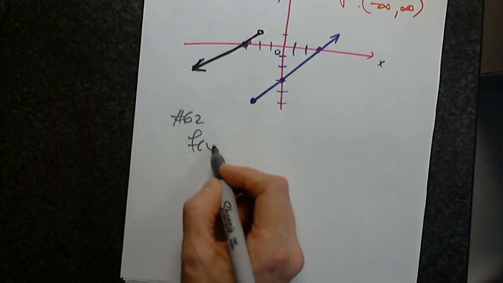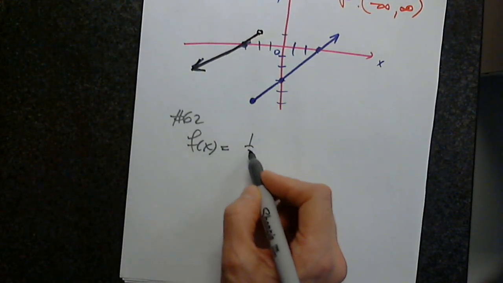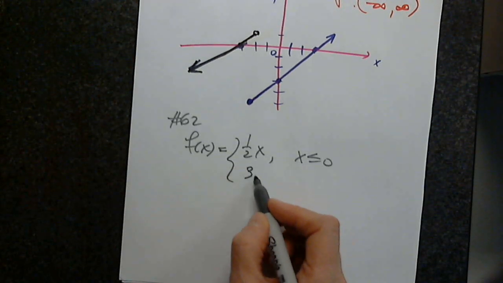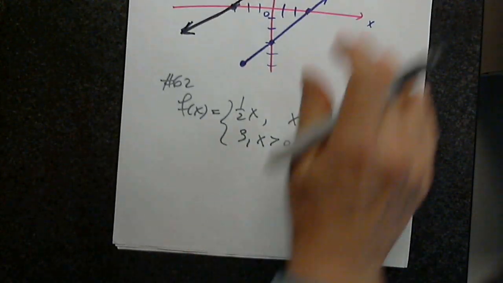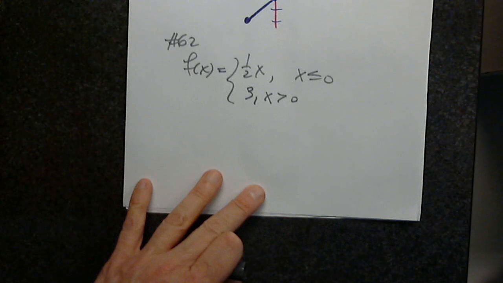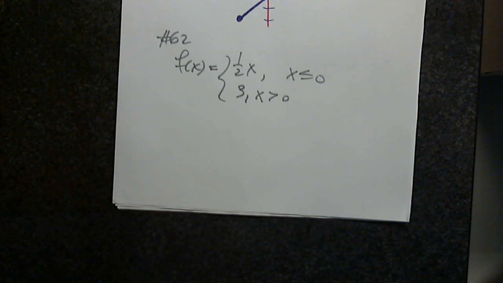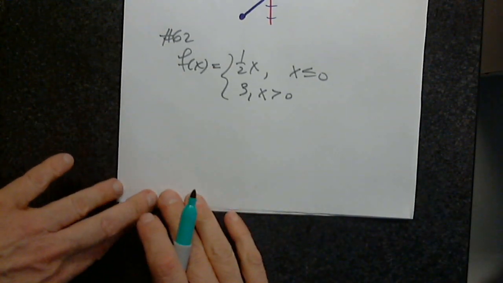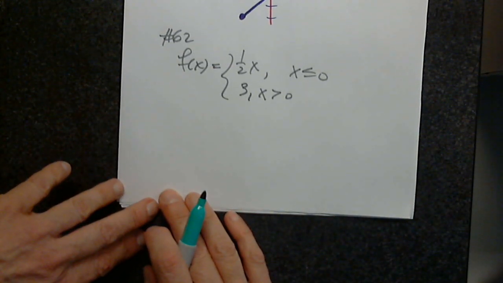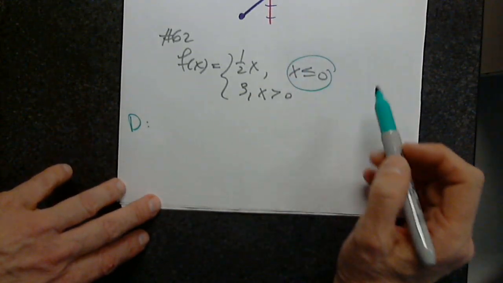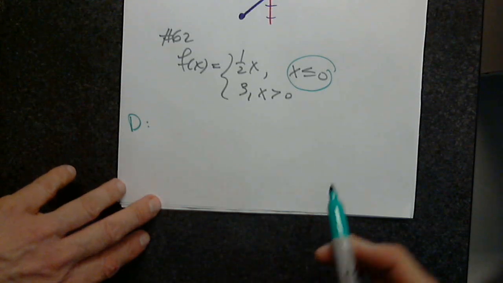So we have f of x equals 1/2 x for x less than or equal to 0, and it's 3 for x greater than 0. Let me tell me how you feel after the second one. Like before, I have to determine what first. Exactly, the domain. Very good. So replace this with an interval notation for me, please.